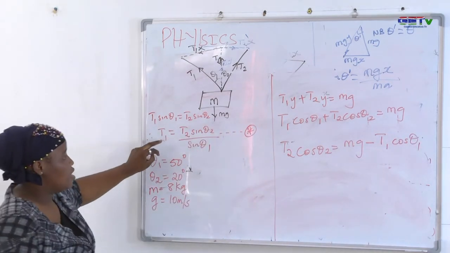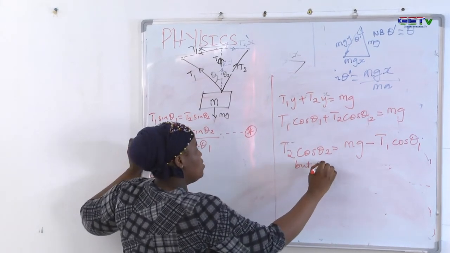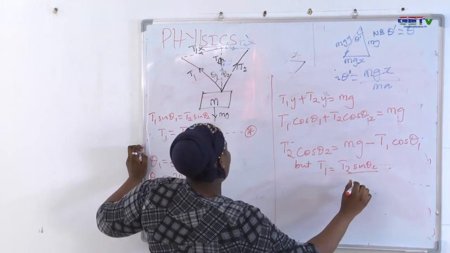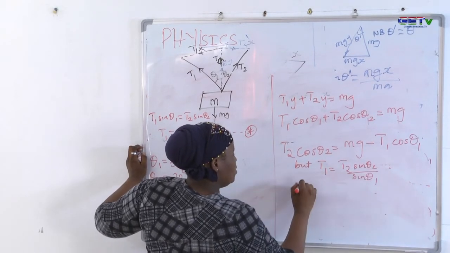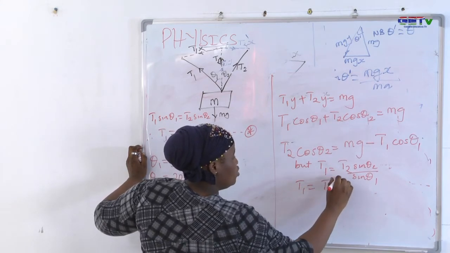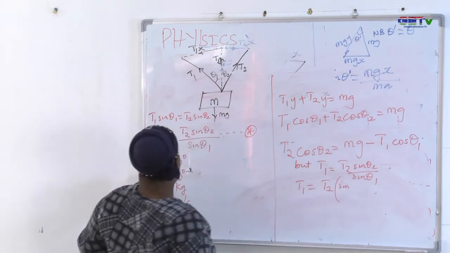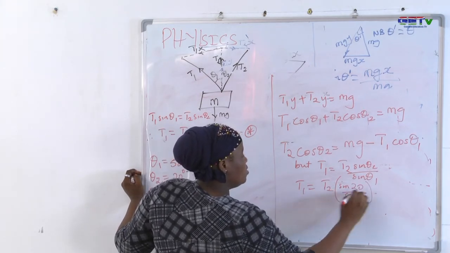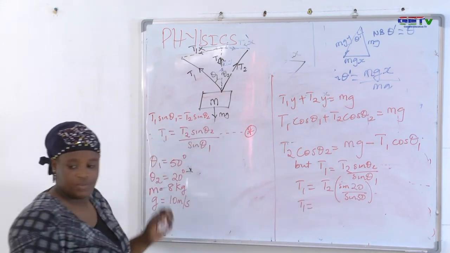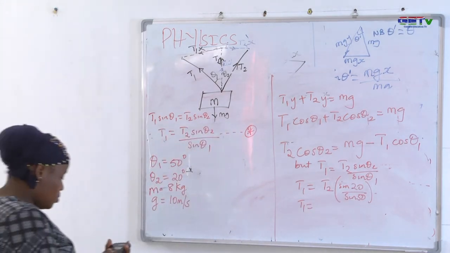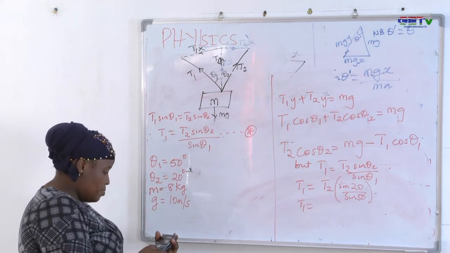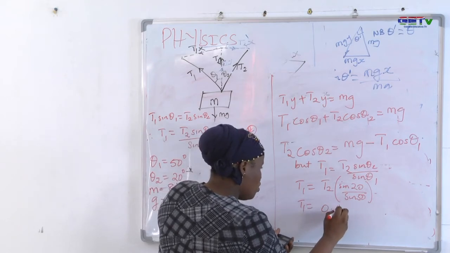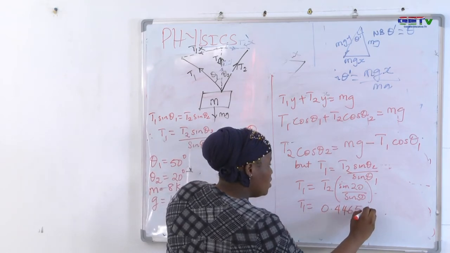But T1 is equivalent to T2 sine theta 2 all over sine theta 1. T1 will be T2, we don't know, sine theta 2, where theta 2 is 20 degrees and theta 1 is 50 degrees. So T1 will be equivalent to, can we simplify that? Sine 20 divided by sine 50, that's 0.4465 T2.